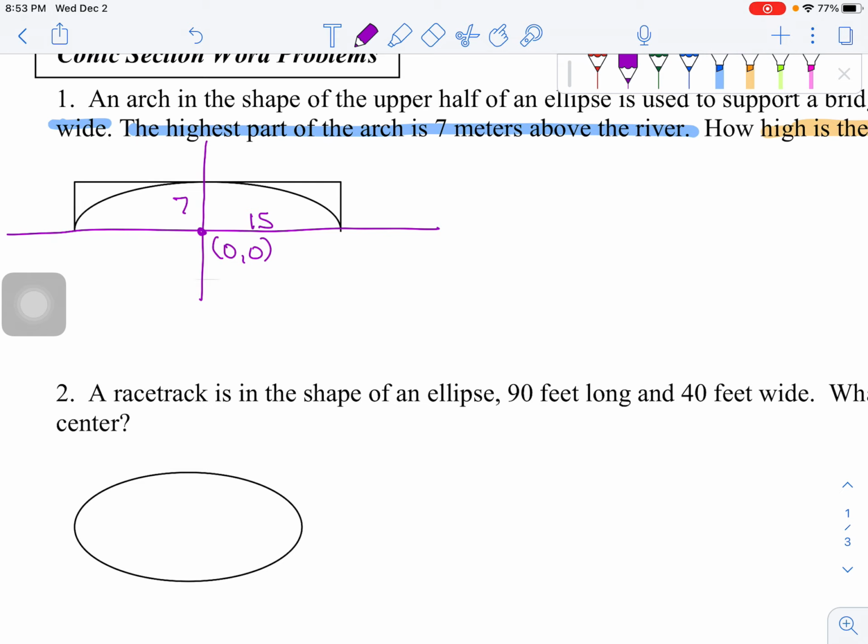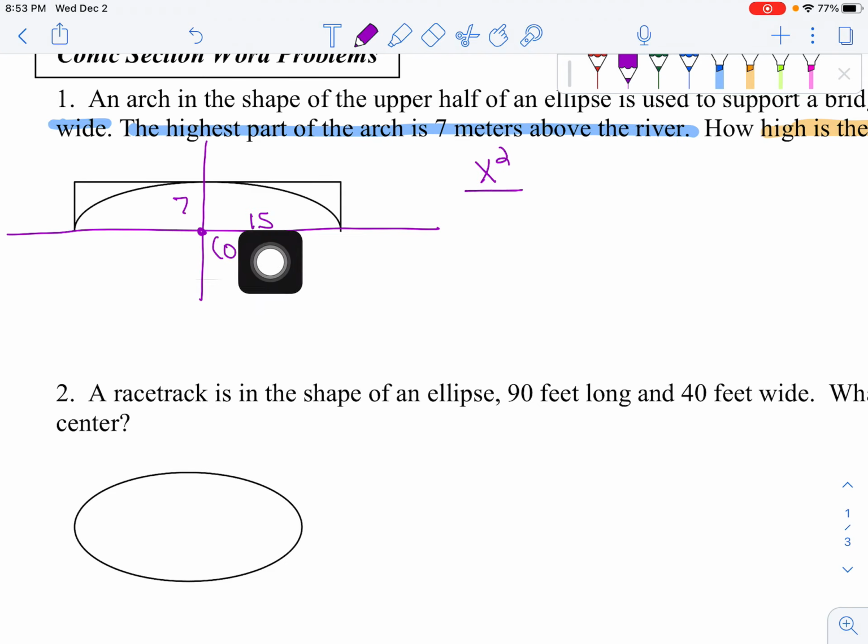All right. Now I want to put this together into an actual ellipse equation. My center is 0, 0. The semi-major axis here is 15. The semi-minor axis here is 7. It's not terribly important that you know which one's the major and the minor. What will be important is that you match them up to the right x and y axis.